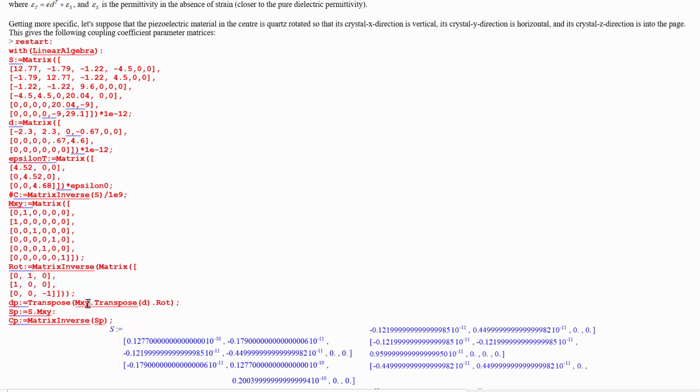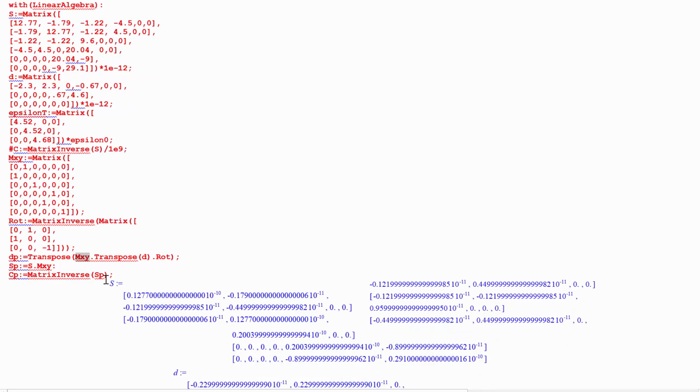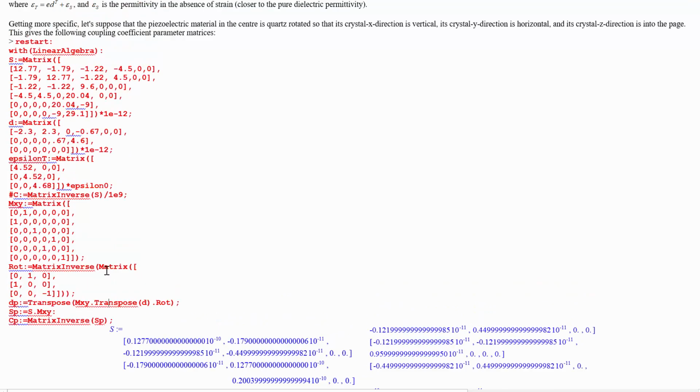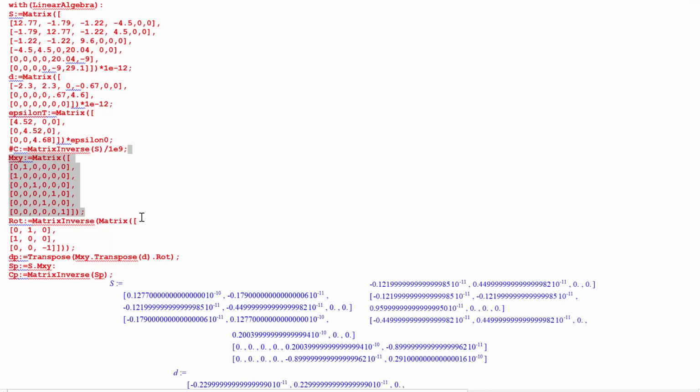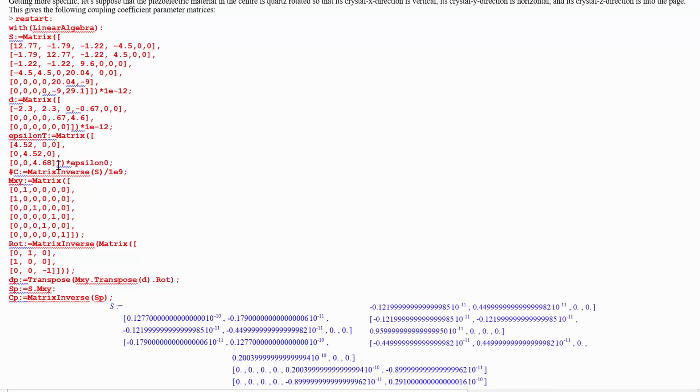Then you need the matrix for mirroring for the stress and strain components. It's not quite a transformation because it ignores the negative part of it, and this just swaps x and y. So that's this mirror matrix here, the one that swaps x and y without taking z to negative z. Then it ends up being that you can get your new S matrix, your new compliance matrix, by right multiplying it by the mirror matrix.